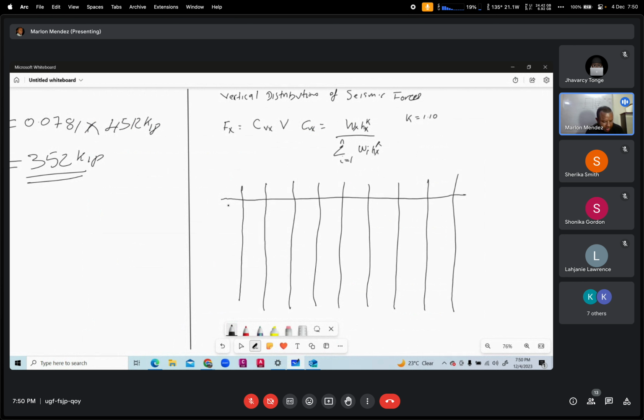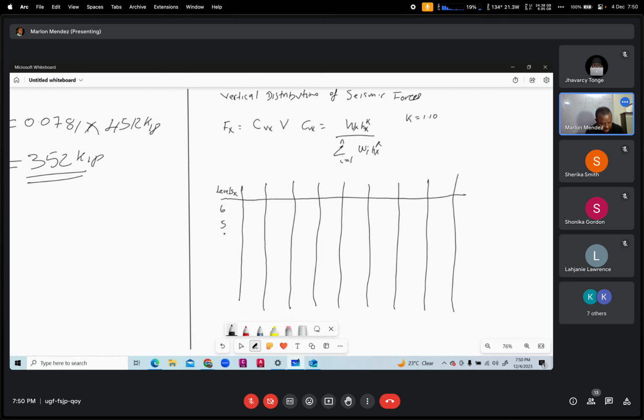All right, so here we're looking at levels, denoted by X. The first level that we're looking at is the roof level, which is a 6.